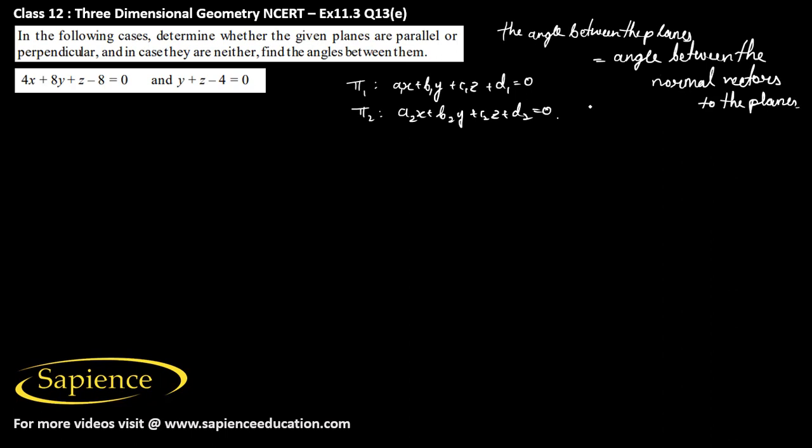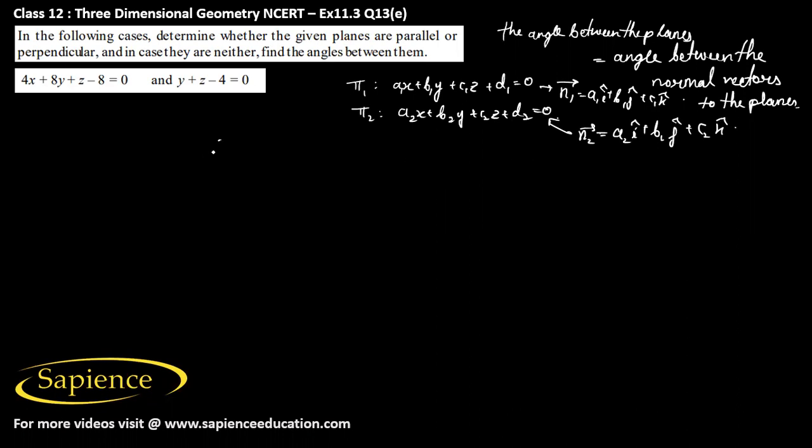Okay, so therefore the angle in between the planes pi1 and pi2 will be equal to, so for this plane pi1, the normal vector n1 will be given as a1 i cap plus b1 j cap plus c1 k cap. And for the plane pi2, the normal vector n2 will be given as a2 i cap plus b2 j cap plus c2 k cap.